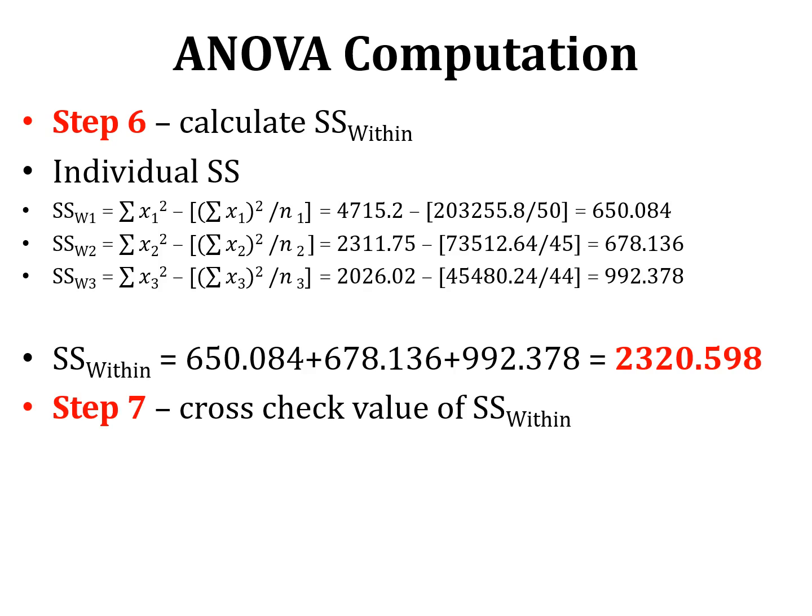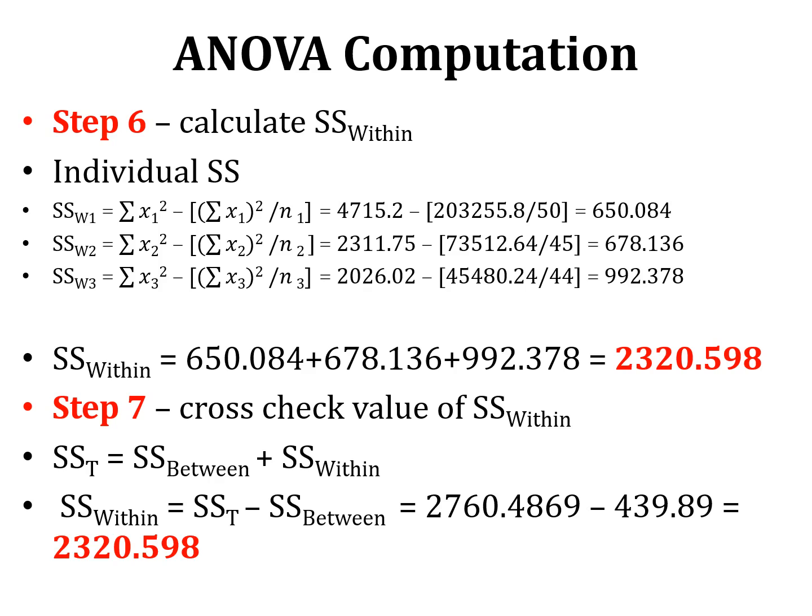Now we can cross-check these values, because the total variability is equal to between variability and within samples variability, and so is the case with the sum of squares: the total sum of squares is equal to the sum of squares between and sum of squares within. So if we want to work out any of these values, we need to have the information about two other values. In this case, we want to cross-check the value of sum of squares within.